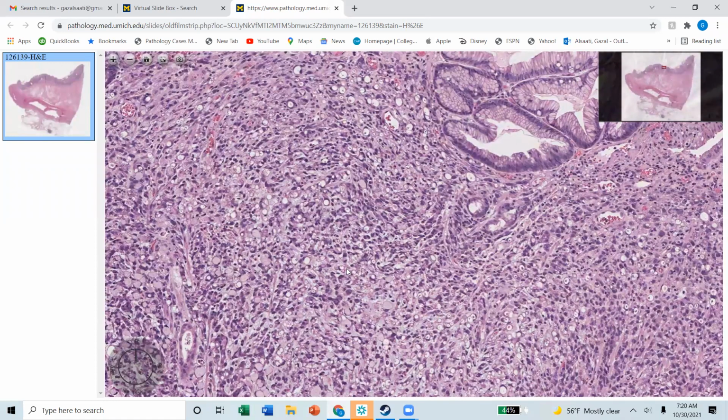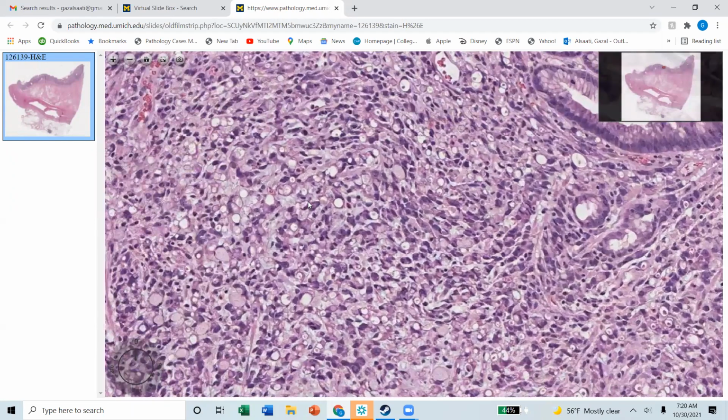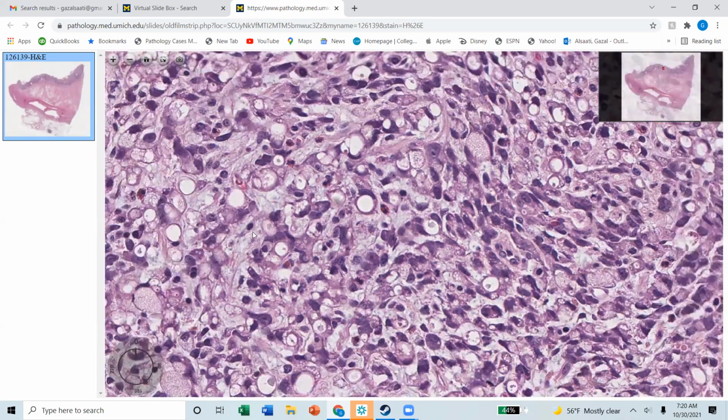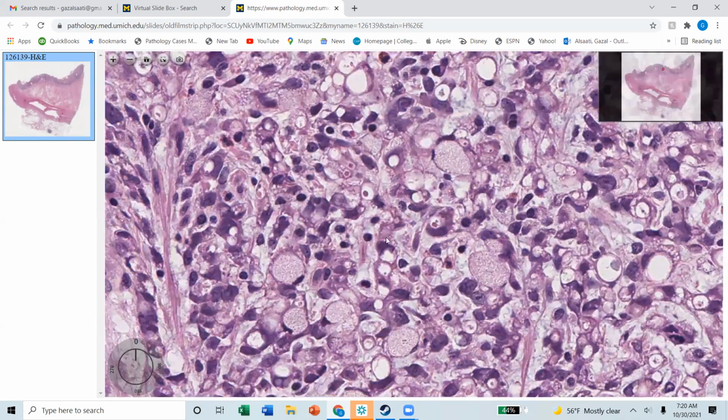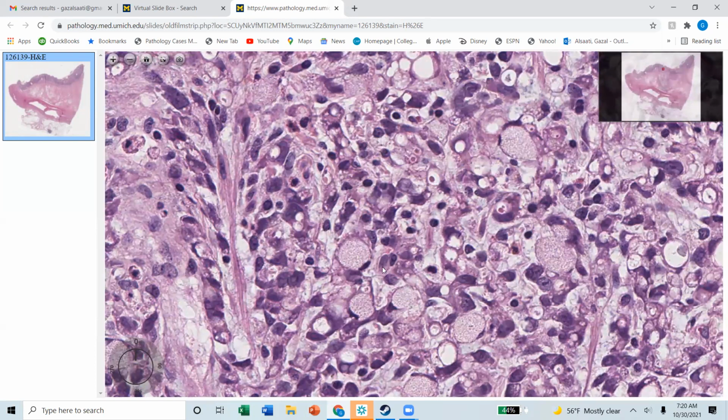This one I would also mention, call this poorly differentiated adenocarcinoma, comma, diffuse type with signet cell morphology. Okay, and this is a beautiful signet cell here. Why is it important to mention signet cell morphology? For multiple reasons.